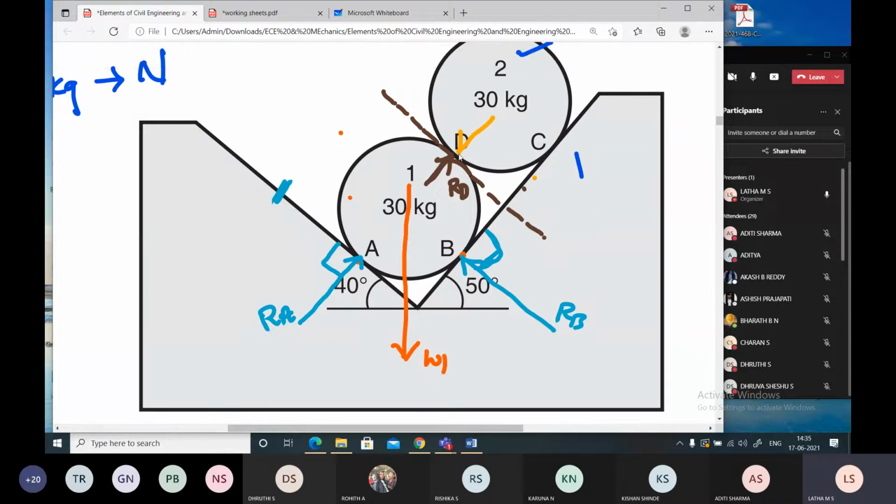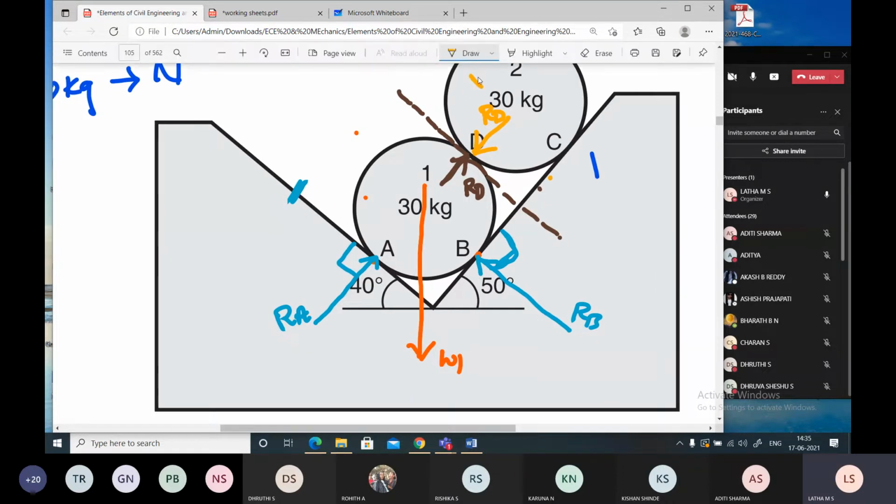So I have to substitute RD in the opposite direction, and this RD and this RD get cancelled. Now you don't worry about ball 2 right now. You worry about ball 1. Is the free body diagram of ball 1 clear to you, students?